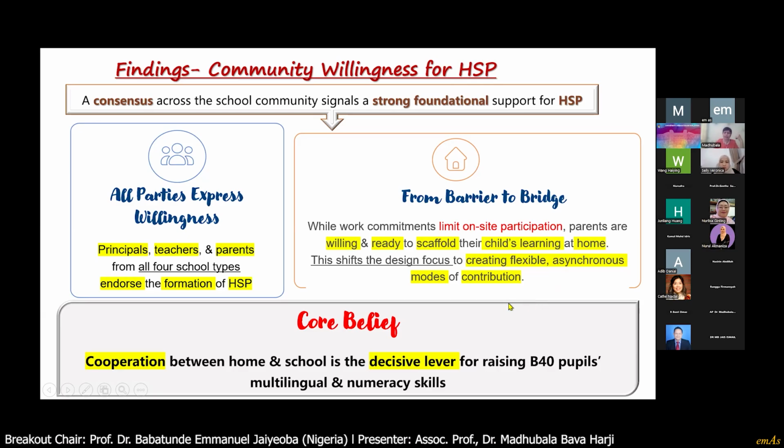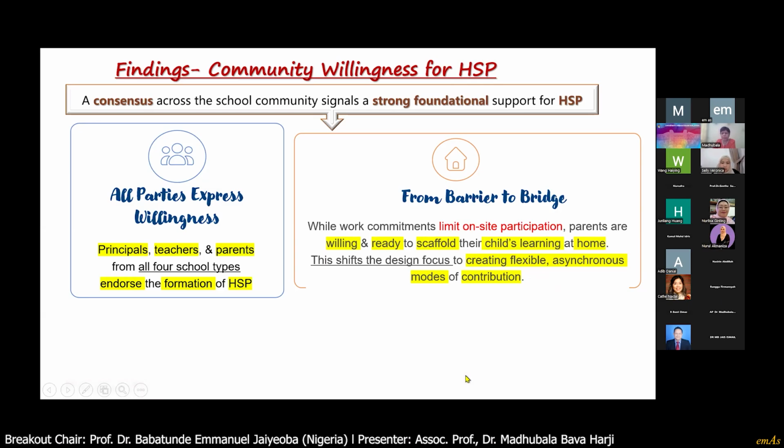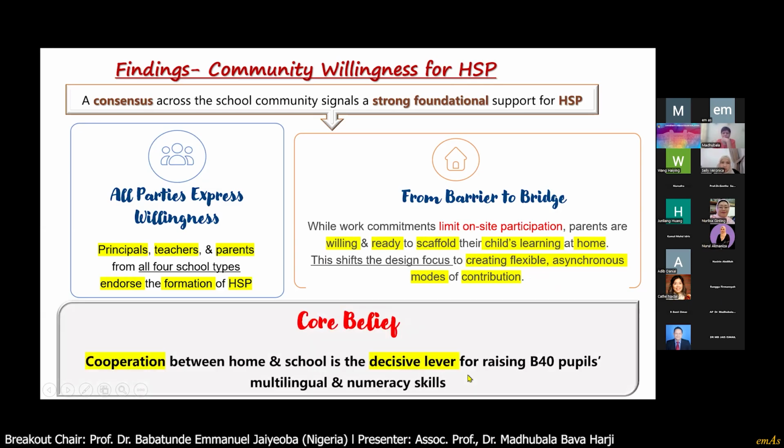So that looks at a shift in creating a flexible, autonomous mode of contribution. So this collaboration or cooperation is a decisive lever for raising B40 pupils' literacy.